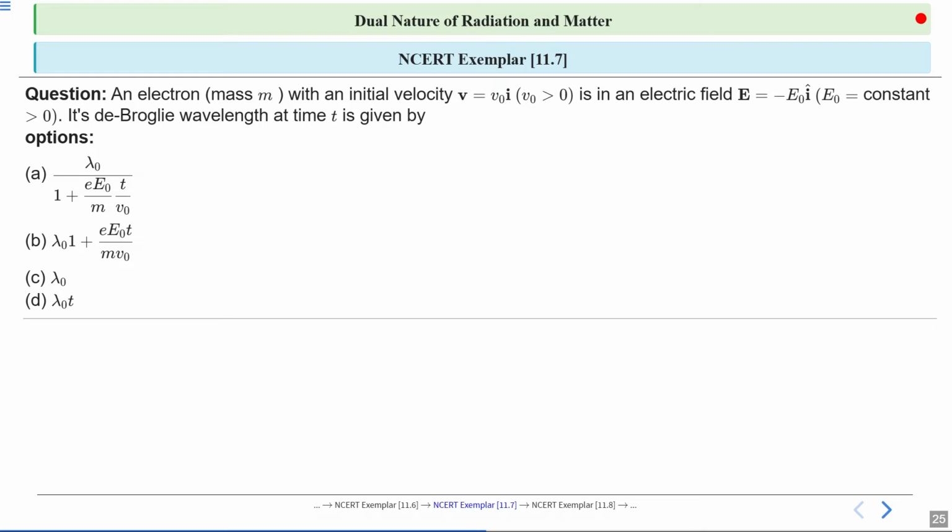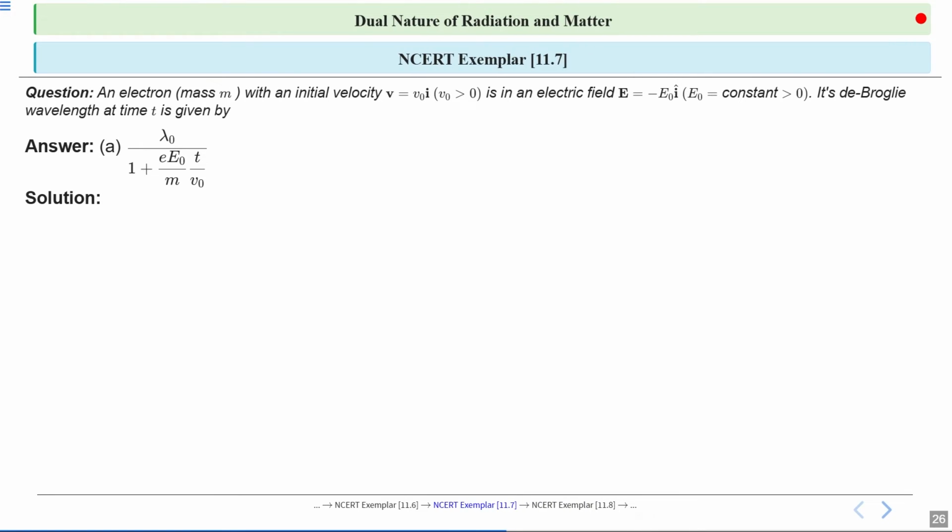Option A is lambda naught upon 1 plus e E naught t upon m v naught. Option B is lambda naught multiplied by 1 plus e E naught t upon m v naught. Option C is lambda naught and option D is lambda naught t. So let's see the options. Option A is the correct option, that is lambda naught upon 1 plus e E naught t by m v naught.